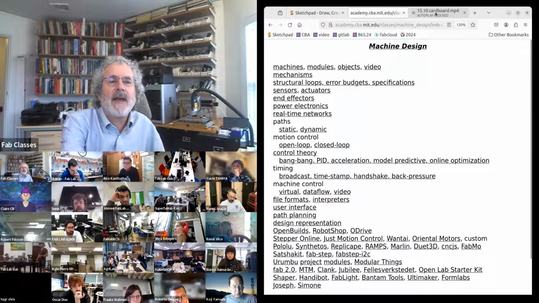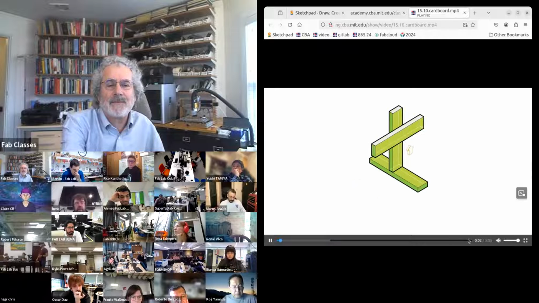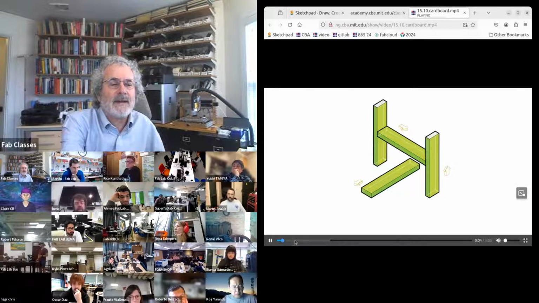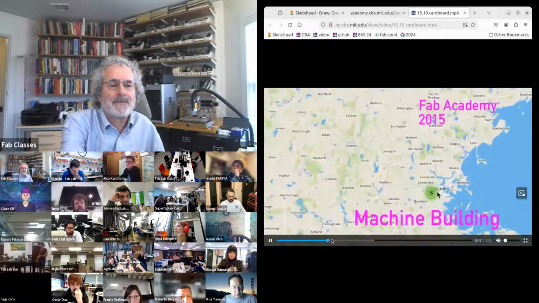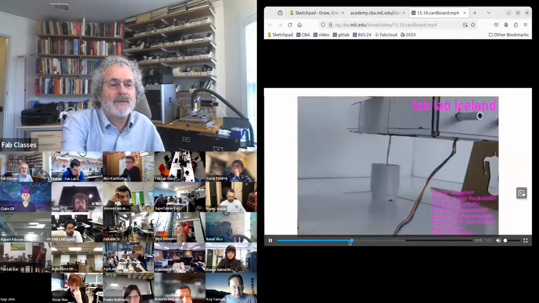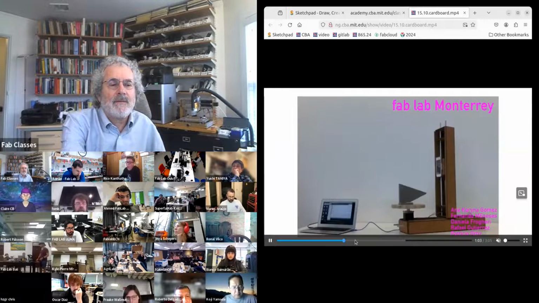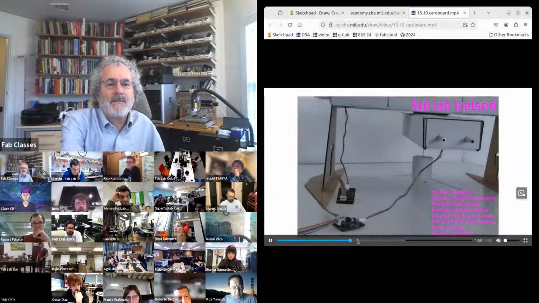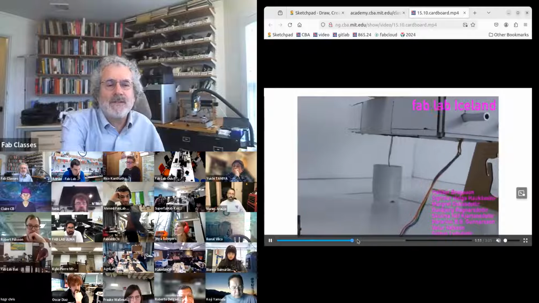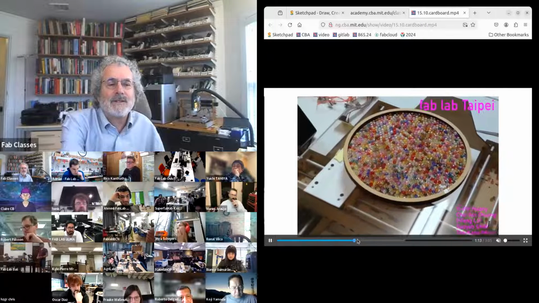And in the Fab Academy a while back, we did a version of that where everybody made cardboard machines, where they made modules. And so that's a 3D scanning machine. Before it was a drawing machine. This is a coffee stirring machine, marble light show machine.